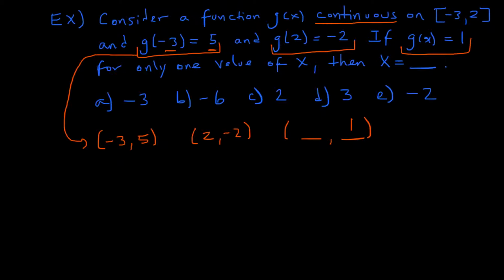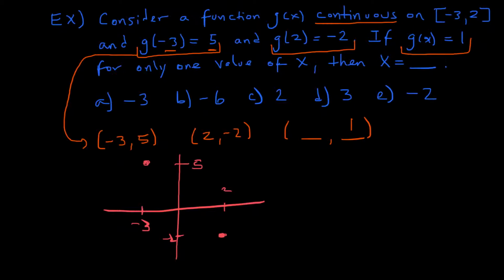And so that's what I'm going to do. I'm going to plot the point -3, 5. I don't have to be too precise, and it doesn't matter what scale I'm using because no one's going to pay attention to my picture. It's just a visual aid for me.